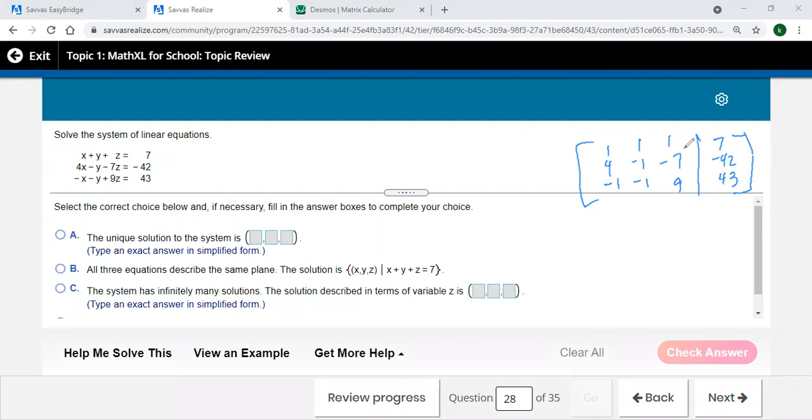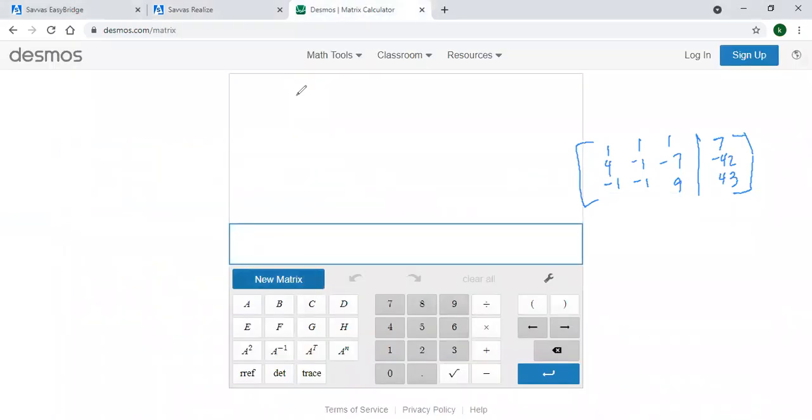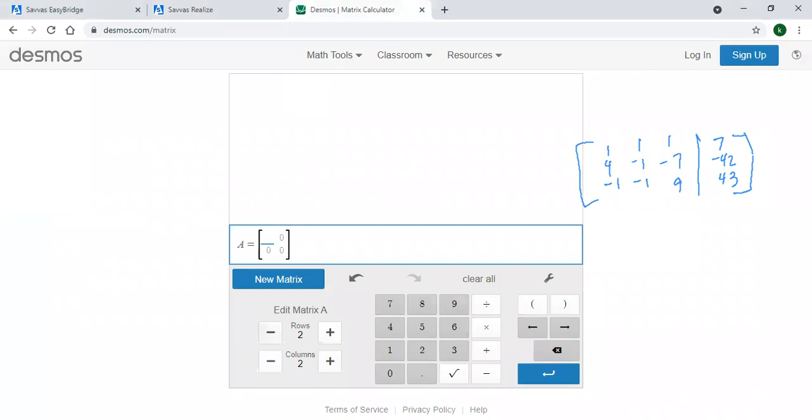There's your matrix setup. Then we're jumping over to the Desmos matrix calculator. We're going to put a new matrix in there. And our new matrix has to have 3 rows and 4 columns, just like that.